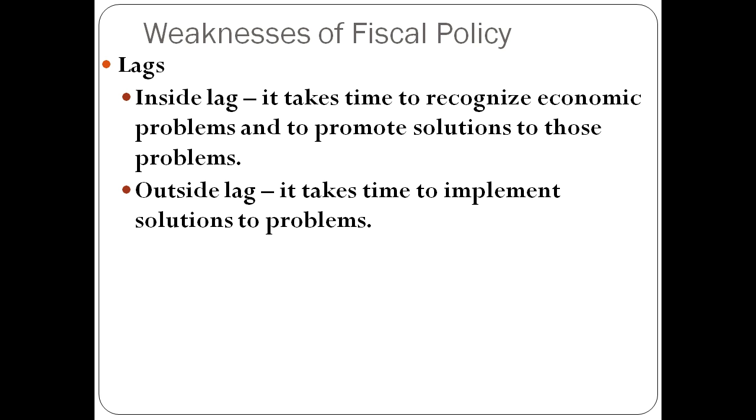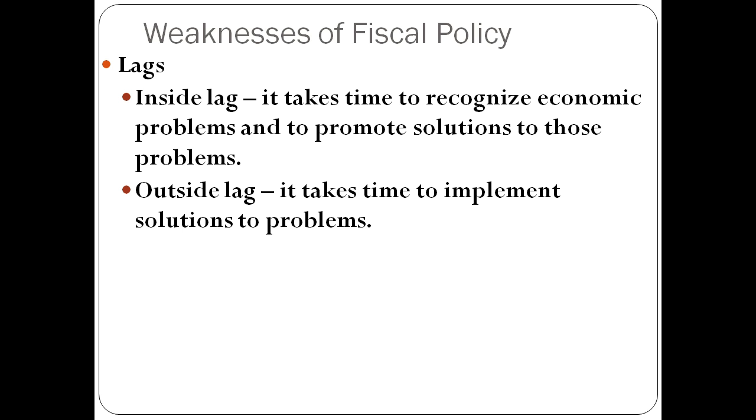That can be very, very difficult to do, especially in today's political environment. So the outside lag, the time it takes to pass and implement that policy, can be very large indeed.